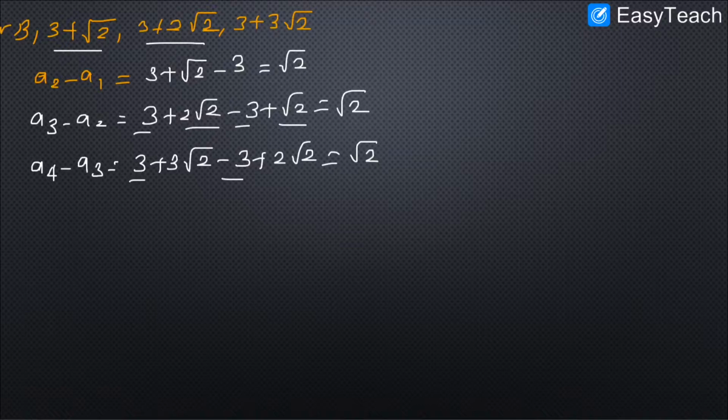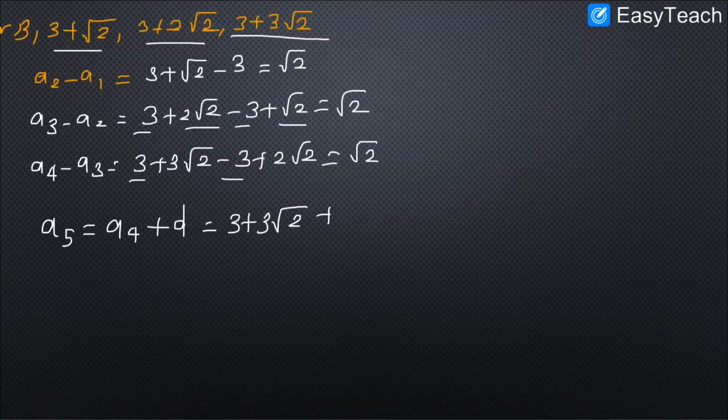So this is an AP, and to find the three more terms, we already have the terms till A4. So to find A5, A4 plus D, where A4 is 3 plus 3 root 2 and the difference is root 2, which gives me 3 plus 4 root 2.